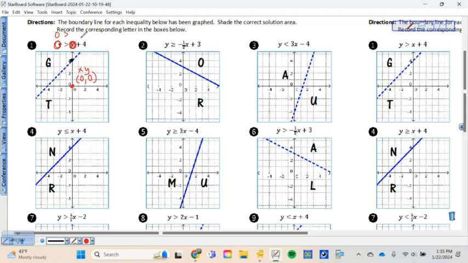What's 0 plus 4? Is 0 greater than 4? No, that's false. That means 0, 0 is not a solution, which means none of these points down here are a solution. I have to shade the side that doesn't include 0, 0. If it's true, then 0, 0 would have been a solution, and I'd shade that bottom side.